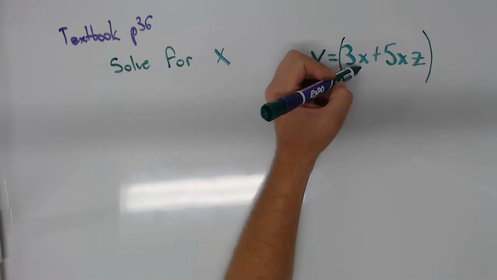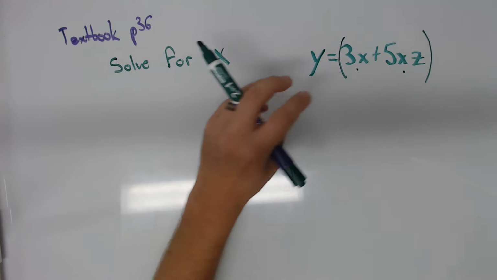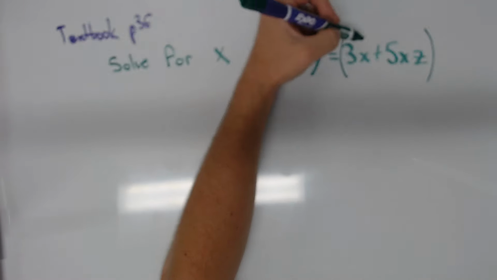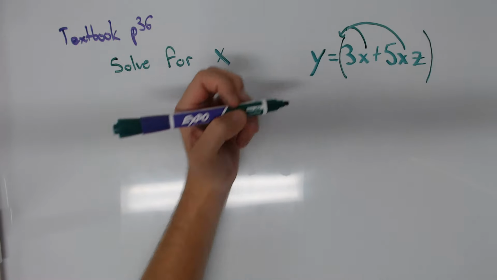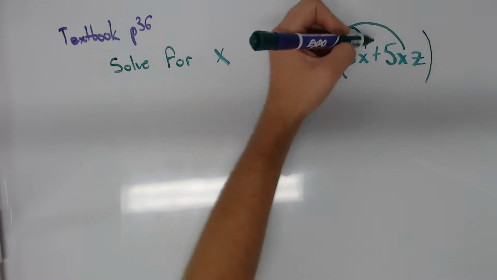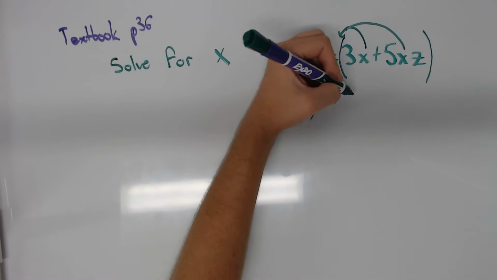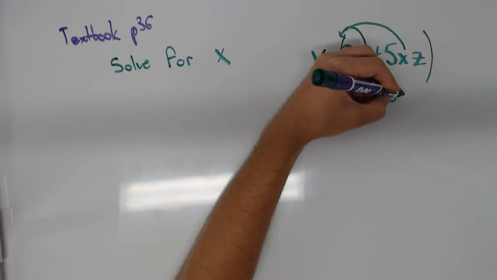Is there anything that's in both of these that we could take out? What I'm hoping you're noticing is that they both have an x. So if I pull one x out front from each of these, it's like I did the reverse distributive property. I'm trying to draw my arrows there to make it look like similar work. The result of that is x times 3 plus 5z.